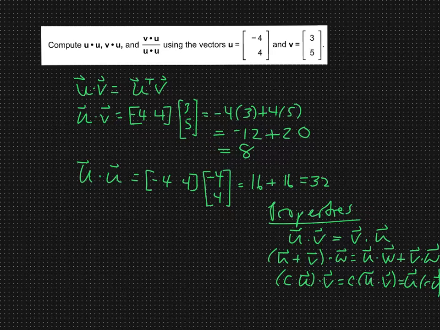And we've already noticed that when you find the dot product with itself, it's always going to be positive. Another little thing is the only time that the dot product is equal to 0 is if you're talking about the 0 vector. So u dot u equals 0 if and only if we're talking about the 0 vector.